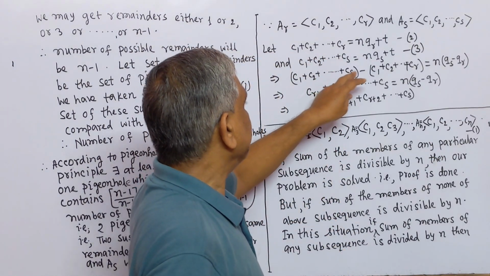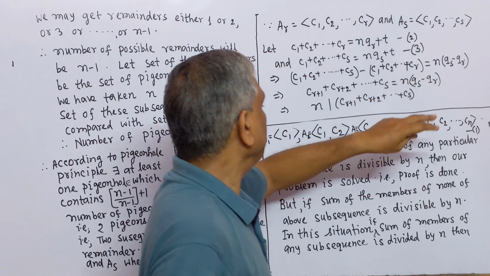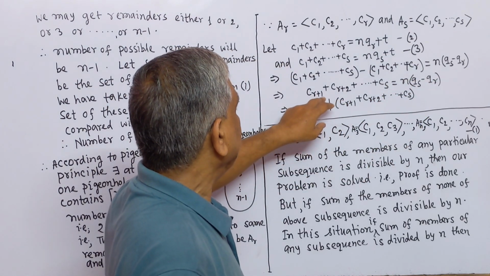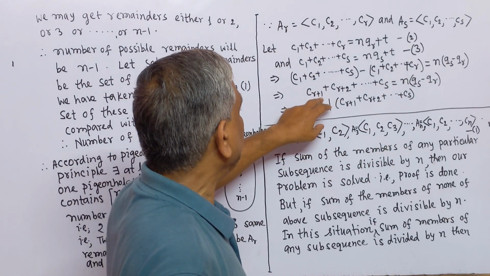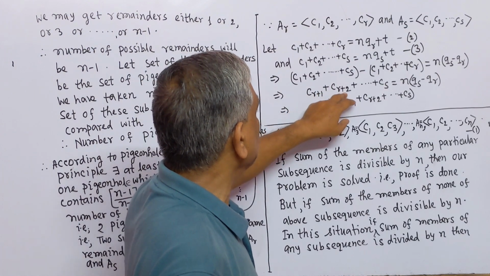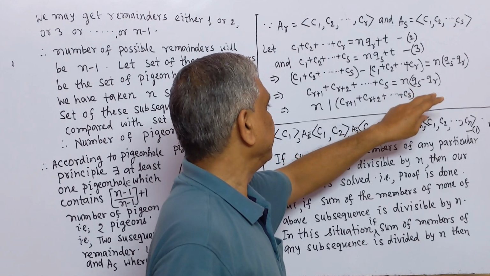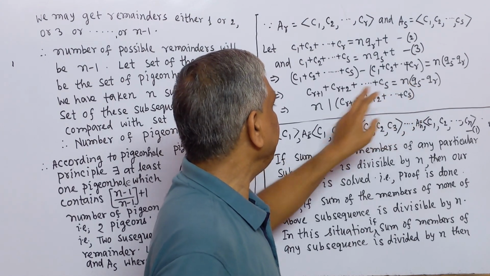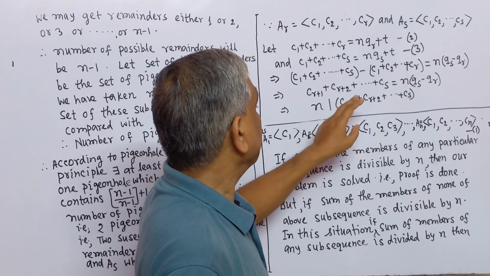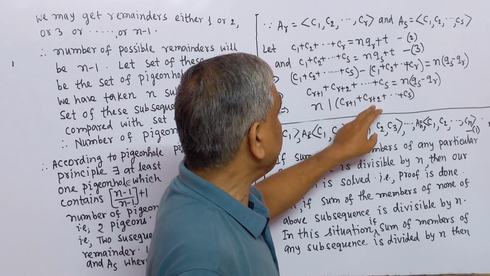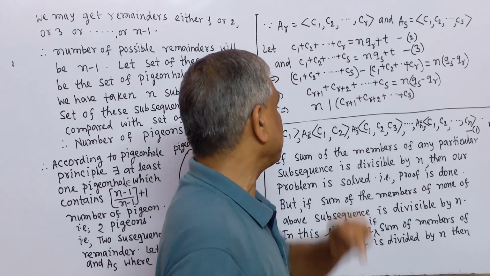Since S is greater than R, the left side remains CR+1 plus CR+2 plus ... plus CS, and the right side is the same. This means n divides CR+1 plus CR+2 plus ... plus CS.